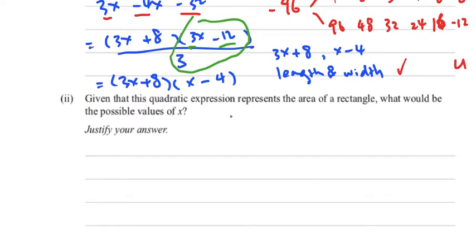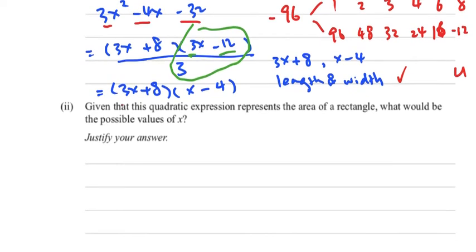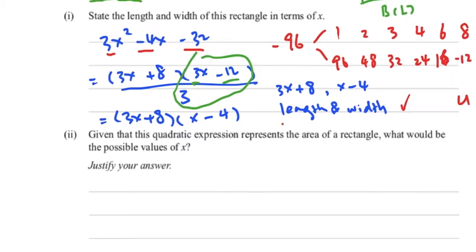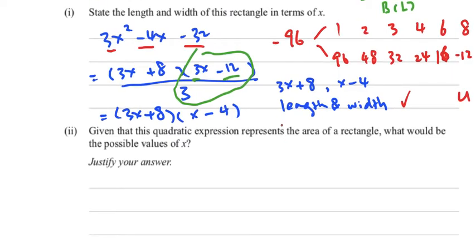So question number 2 part 2. If we have this quadratic expression as area, what would be the possible values of x? Now we understand the length of a rectangle cannot be negative, neither 0, right? So based on that, we already have the lengths of that rectangle.